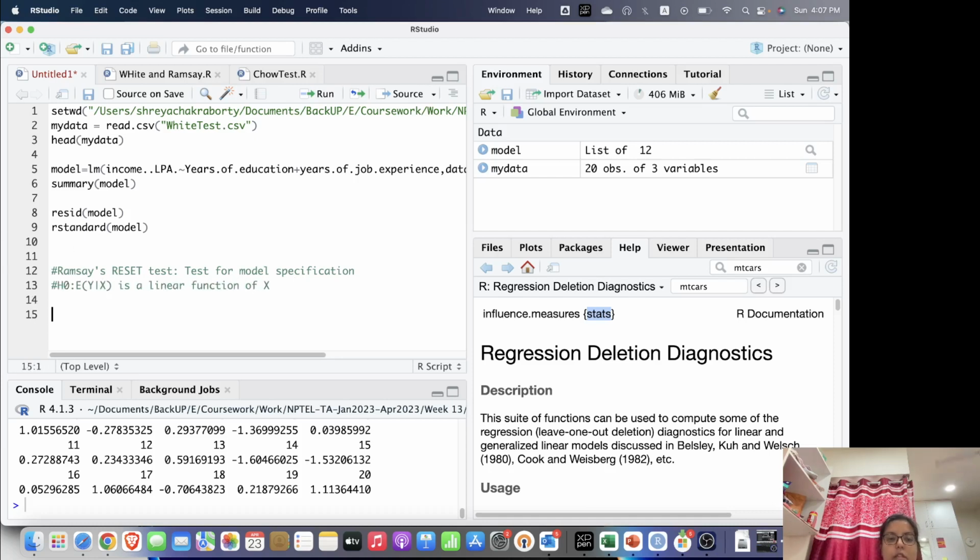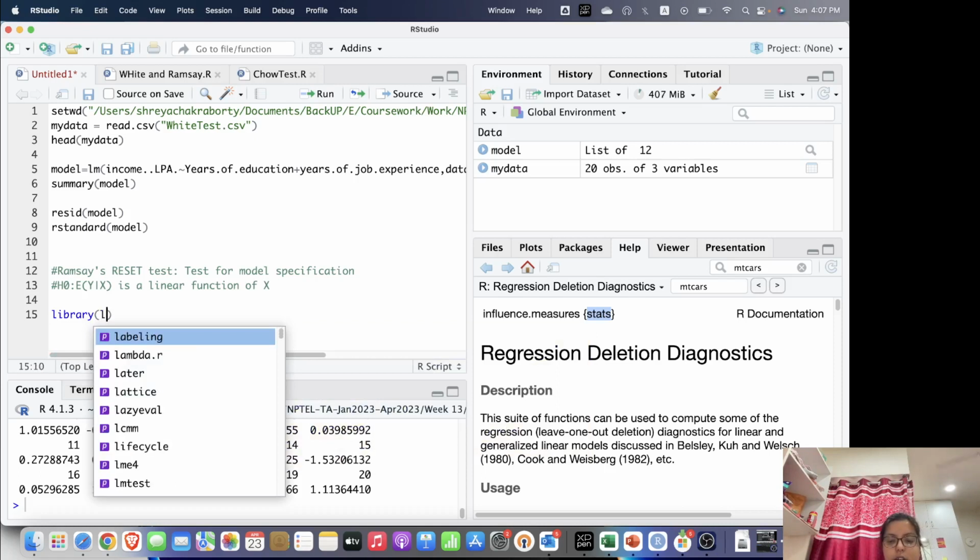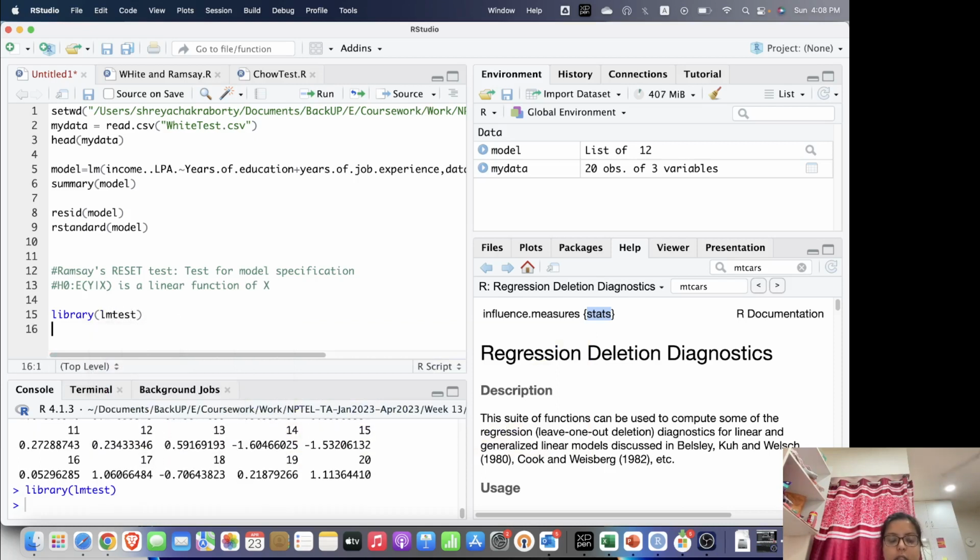This is what we want to test. In order to use this test, we need to get this library, lmtest. Without this library, we are not going to have this.